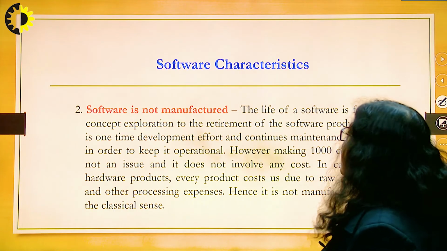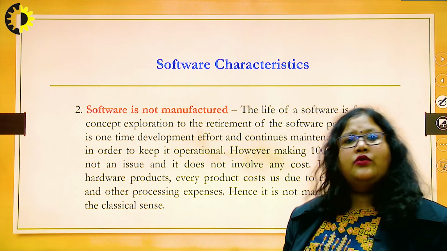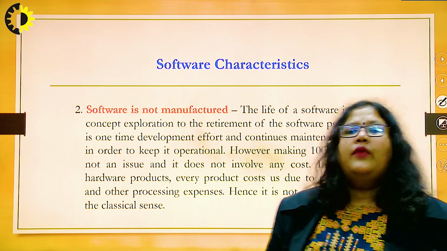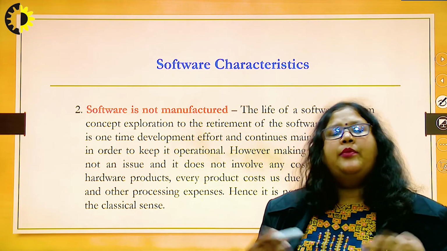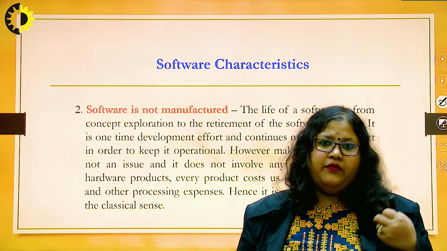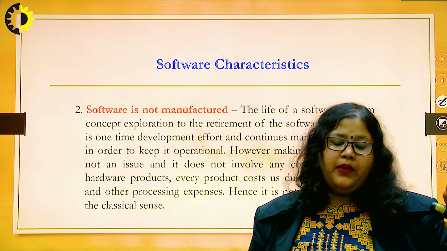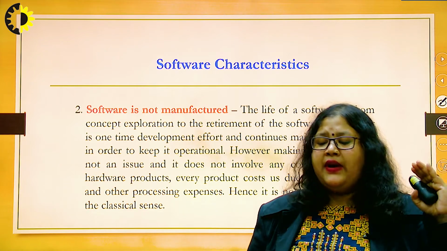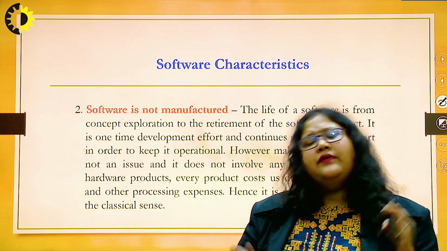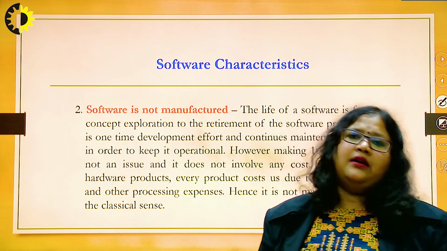Now, the second characteristic is that software is not manufactured. When we develop any software, the production of the software varies from time to time. It means if we define a procedure or we define the code of the software, then we can always make multiple copies of that single event.